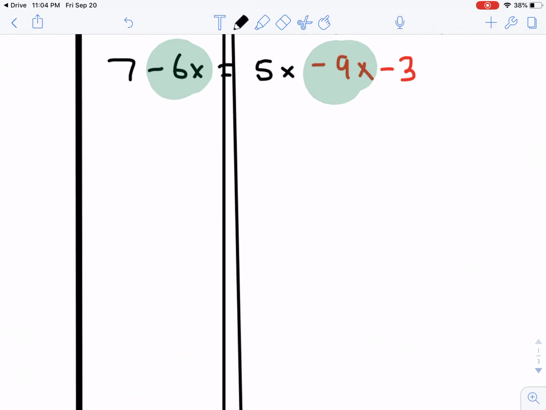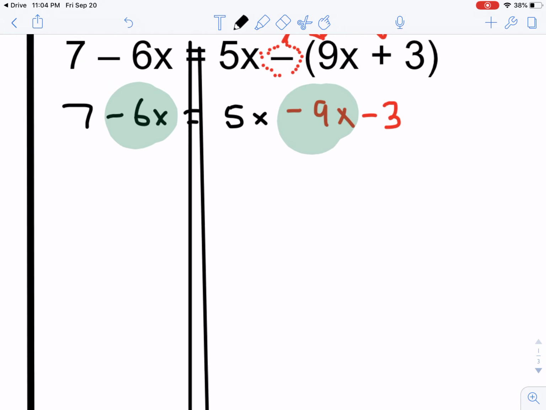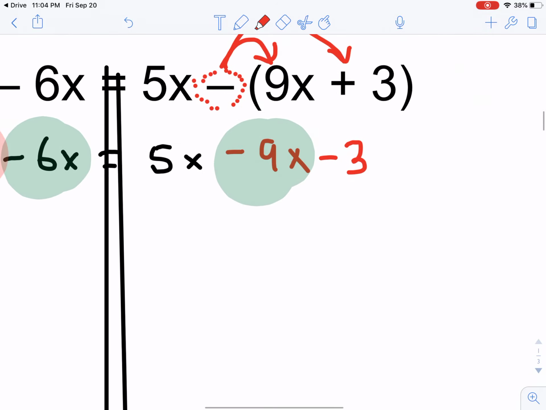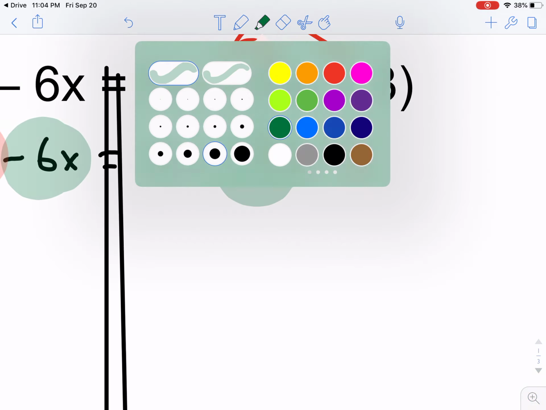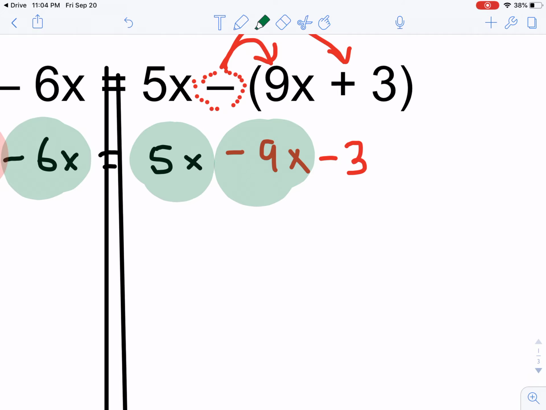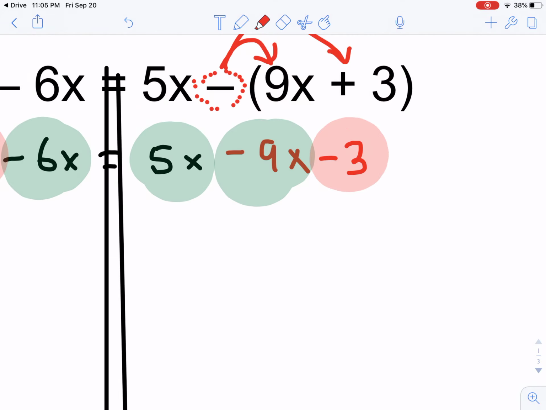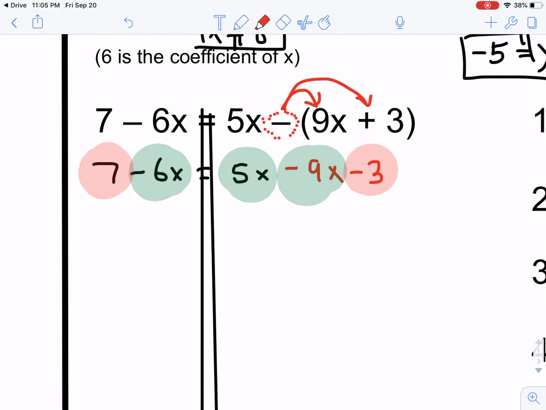Okay, so we're going to combine like terms. On the left side, actually, there's nothing to combine because we can't combine 7 with negative 6x. So we're going to keep that the same, but on the right side, we can combine 5x minus 9x, and then we will have to keep that negative 3.